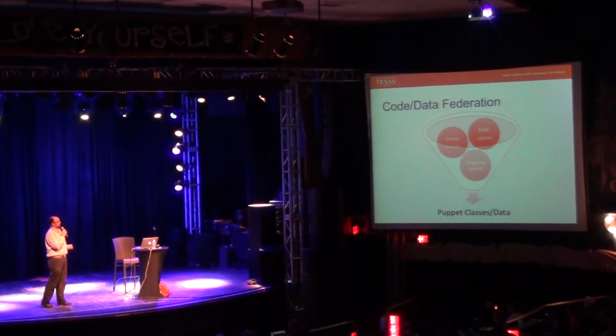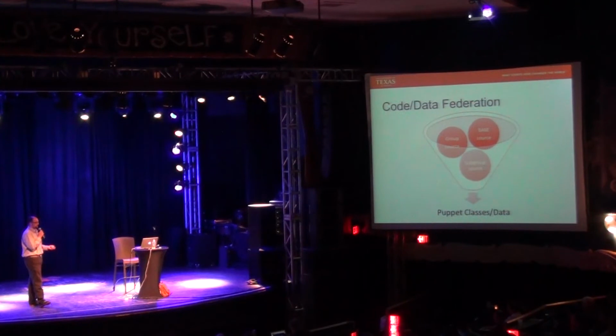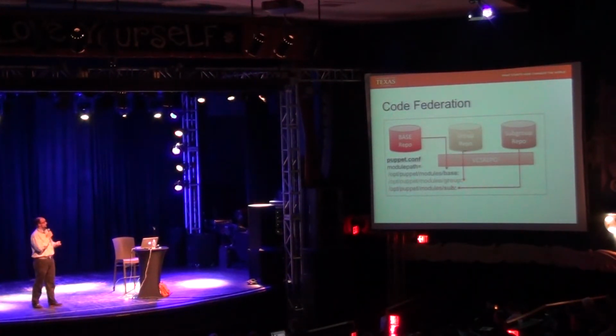Almost lastly, there's also the code and data federation part. We use source control very extensively at PT, and we pull in all of our code and our data, being hierarchy, from different sources. Right now we use VCS repo for that, although we're moving to R10K soon, hopefully. And this is basically how we do it, and this is a bit of the secret sauce on the code side: we break the Puppet module path into multiple segments.